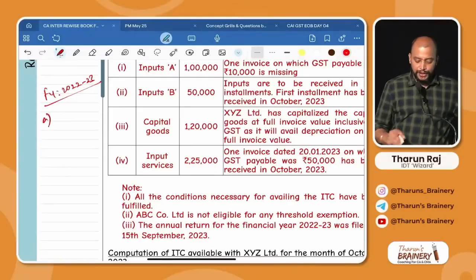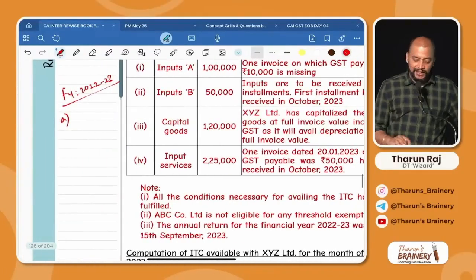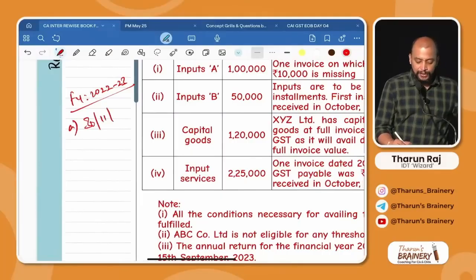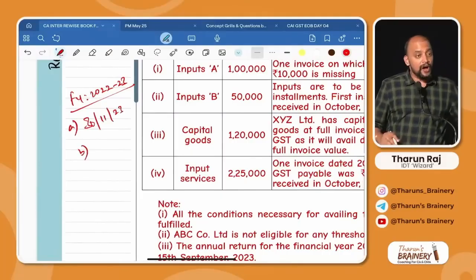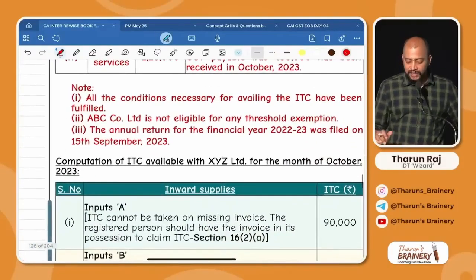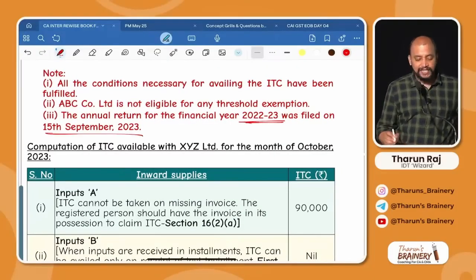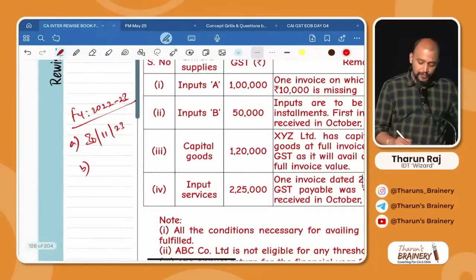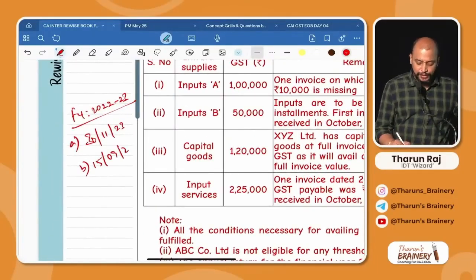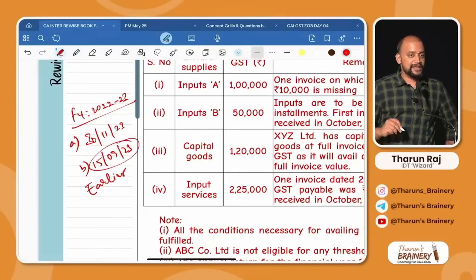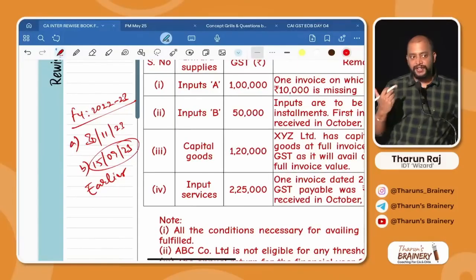For financial year 22-23, what is the time limit for availment of ITC? 30 November 2023 or the date of filing the annual return. So see the note, third point. The annual return for the financial year 2022-23 was filed on 15 September 2023. So 15 September 2023, whichever is earlier, is the time limit for availment of ITC for this invoice.